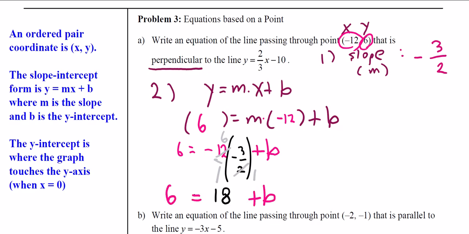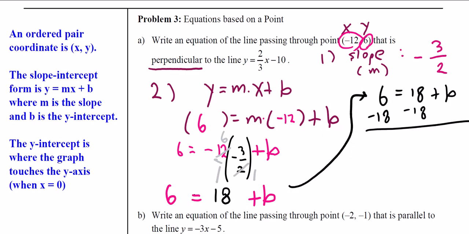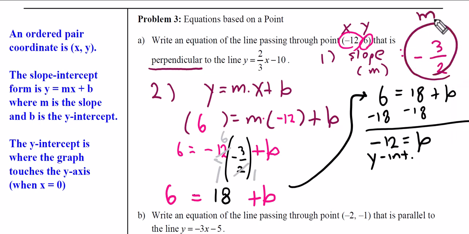Now we want to get the b by itself. So we subtract 18 from both sides. That becomes a negative 12. So b is negative 12. Okay, that's our y-intercept. So what happens now is I have the slope. This is m. I have the b is negative 12.